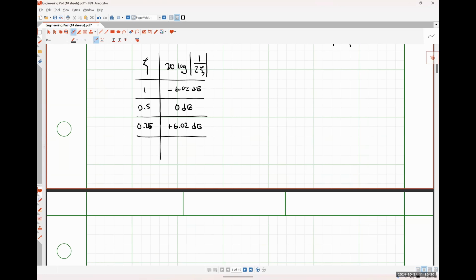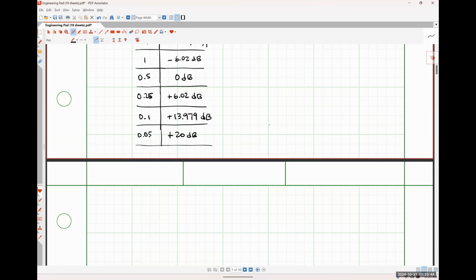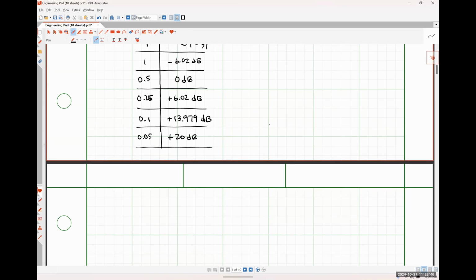For 0.1, we have 13.979 dB of correction. And for 0.05, we have 20 dB of correction, and so on and so forth.